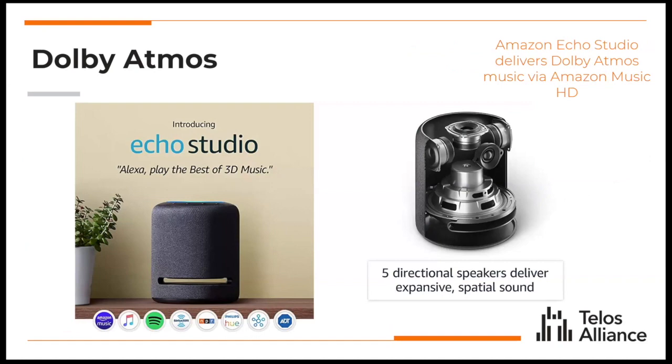Amazon is in the game now, with the Amazon Echo Studio. This came out in early December, and they started shipping these. You can get Dolby Atmos music service with Amazon HD Music, or again Tidal, or others. This will produce an Atmos image by bouncing sound off the ceilings and the walls.